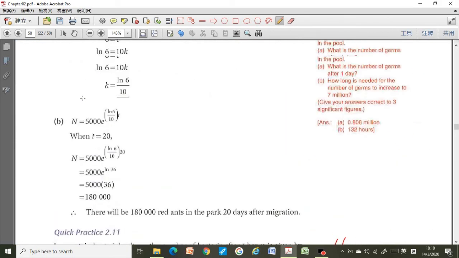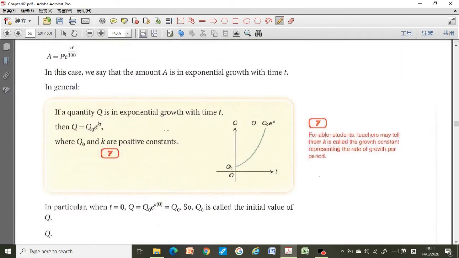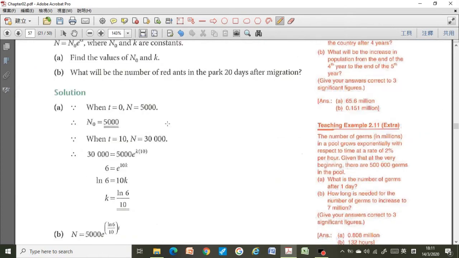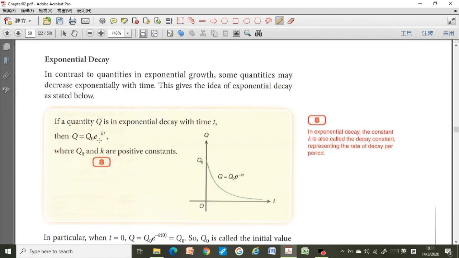This one is called exponential growth, so you will grow up like this. And how about exponential decay? It is similar to that, but this one will change to negative. Negative means that this one will decrease, and these two values, Q naught and k, are still positive. So you will find here Q naught e to the power negative kt.